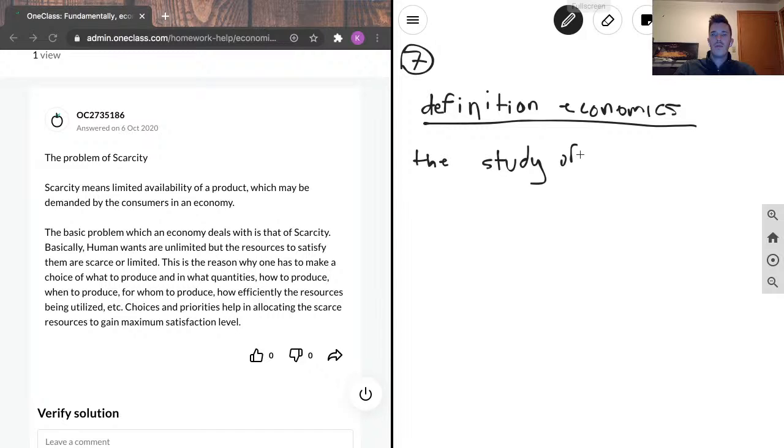of how to best allocate society's scarce resources.